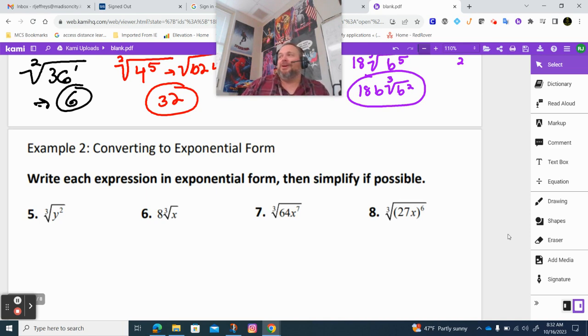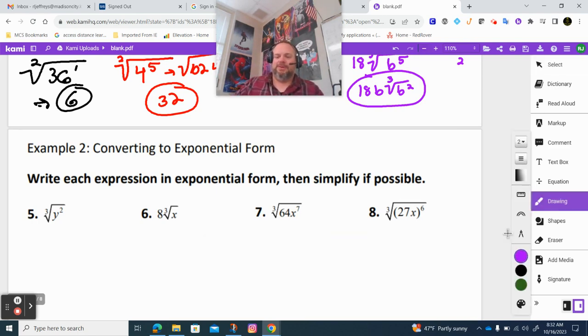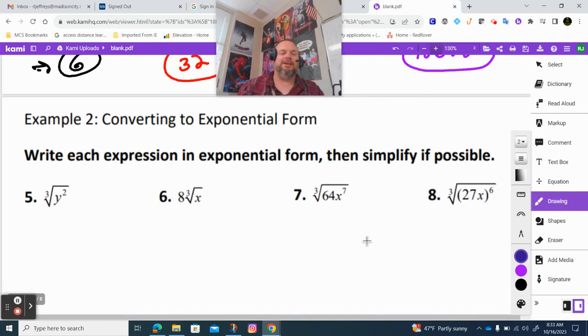Now we get to go the other way. So instead of going from a rational exponent, now we're going from the radical back. All right, number 5. What is our base in number 5?